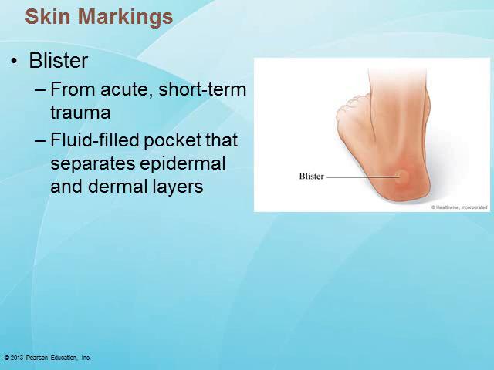That's why there's no blood in the fluid. Every time you get a blister, it's translucent, transparent, but there is never blood in it. Where are the blood vessels in your skin? The dermal layer. The blister is above the dermal layer, so that's why there's no blood inside the blister. Okay, so those are the common skin markings you will see on the skin.